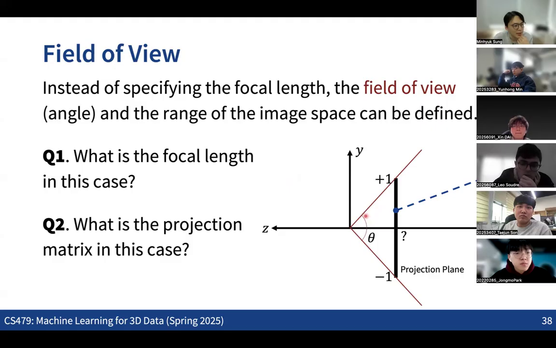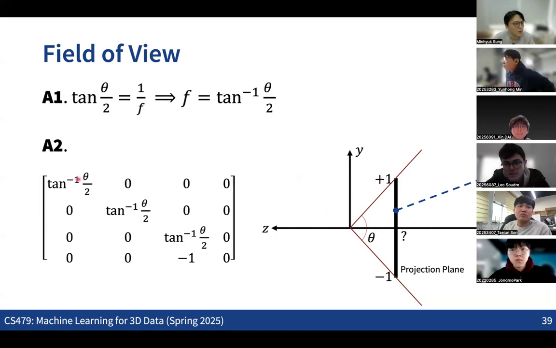Given this angle, the field of view, and the range from -1 to +1, we can calculate the focal length as the inverse of the tangent of half of the angle here, and just put this into the focal length, making the projection matrix like this, right?